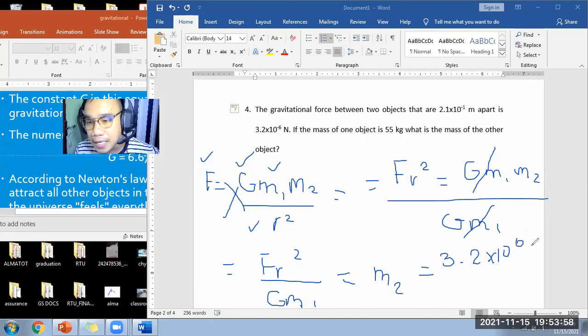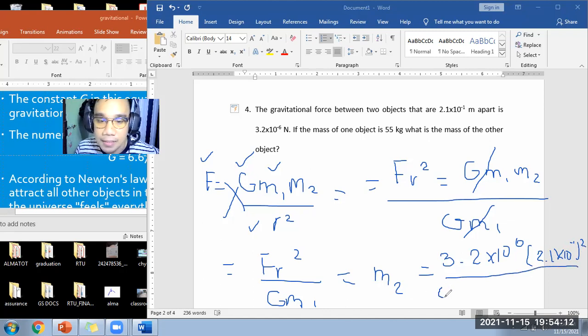Times the distance, so times daw siya sa 2.1 times 10 raised to negative 1 squared. Na-squared mo pa siya. Over 6.67 times 10 to the negative 11 times 55 kilogram. So what is the final answer?